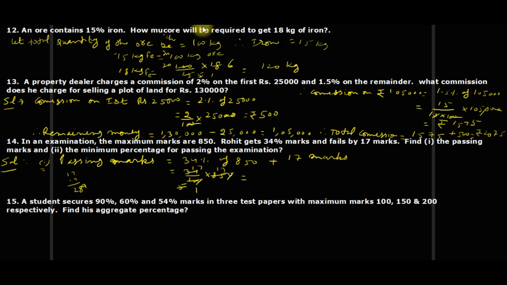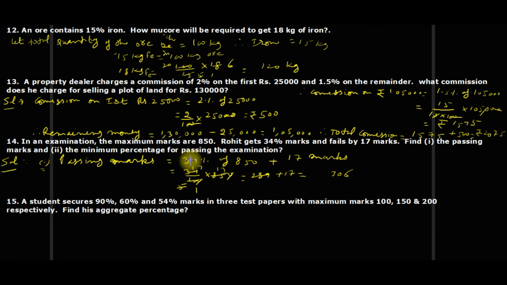So here will come 17 into 17 is 289 plus 17, so passing marks would be 306.